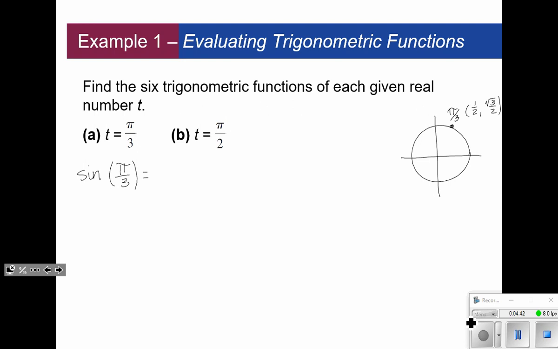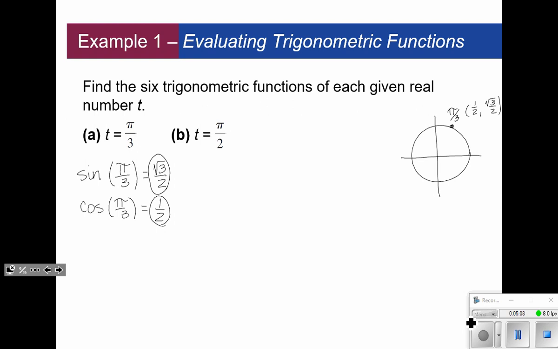So that is root 3 over 2. Okay? Cosine of pi over 3, that's your x coordinate. What's that going to be? 1/2. Okay, it's the x-coordinate from the same ordered pair here. All 6 of these can come from that one ordered pair.